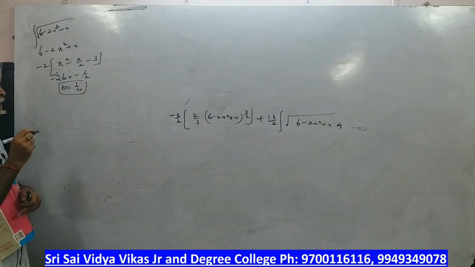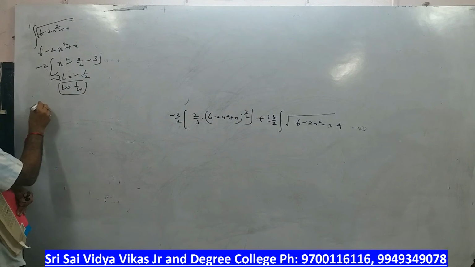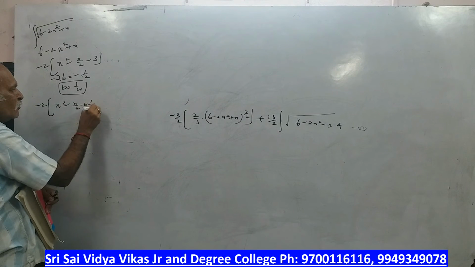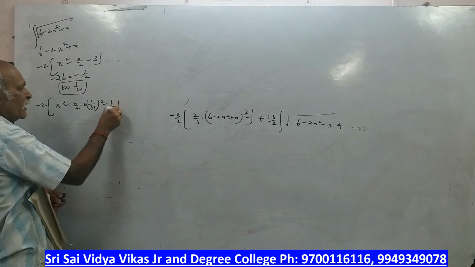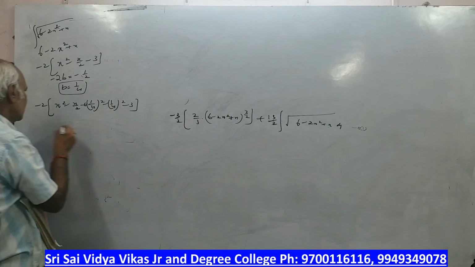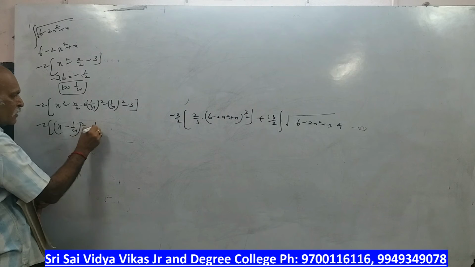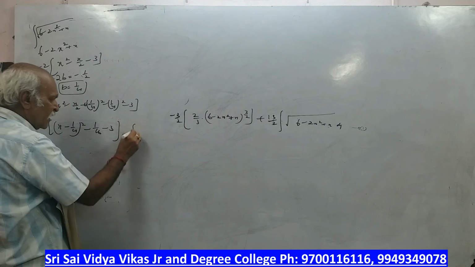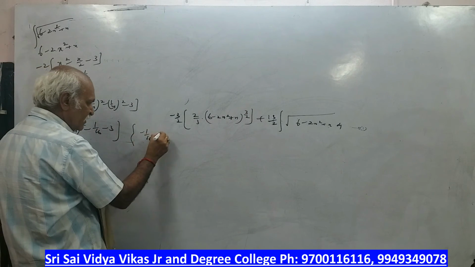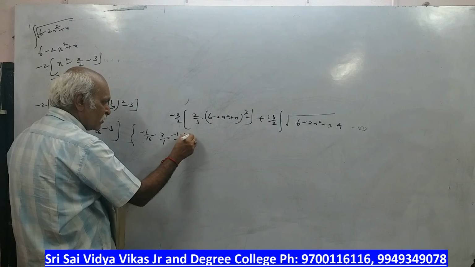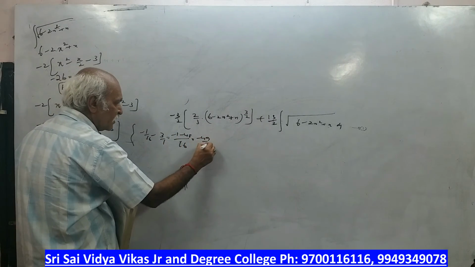You got a value, b value again. So what will happen? Minus 2 into x minus 1 by 4 whole square minus 1 by 16 minus 3. Again flower bracket, minus 1 by 16 minus 3. 16 is LCM. So this becomes minus 48, so minus 49 by 16.